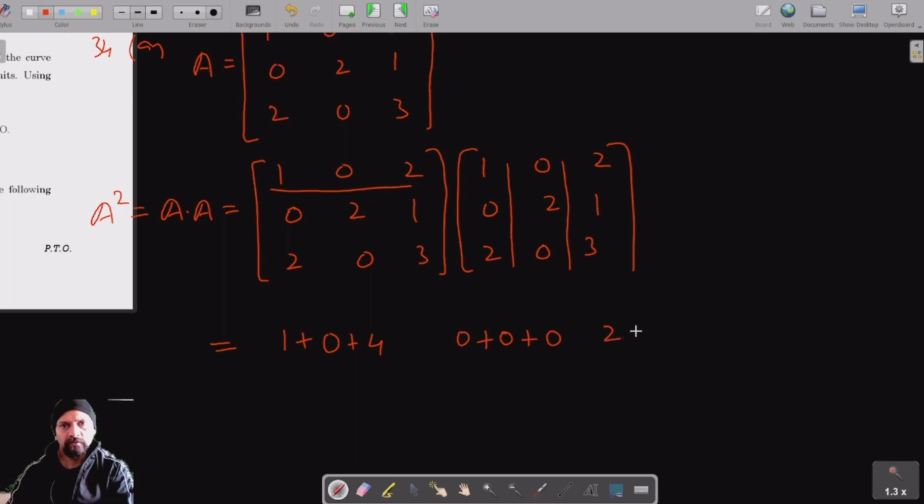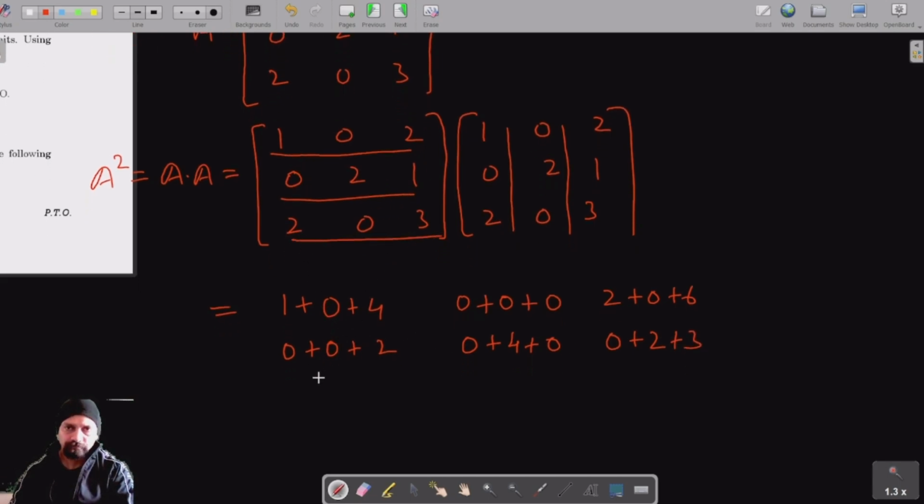Then 1 into 2 is 2, 0 into 1 is 0, 2 into 3 is 6. Next is 0 into 1 is 0, and 2 into 0 is 0, and 1 into 2 is 2. 0 into 0 is 0, 2 into 2 is 4, and 1 into 0 is 0. So 0 into 2 is 0, and 2 into 1 is 2, plus 1 into 3 is 3. With the third row, it's 2 plus 0 plus 6, 0 plus 0 plus 0, and 4 plus 0 plus 9.